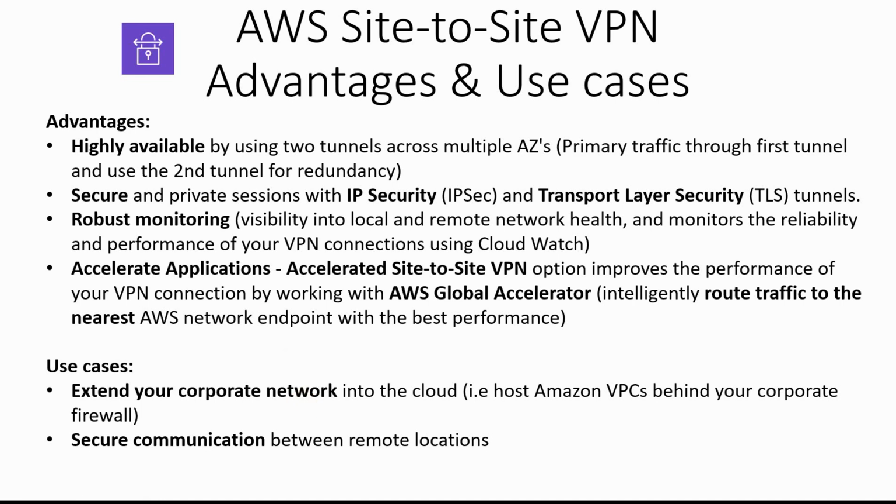So again, this is secure, and IPsec and TLS tunnels are being used primarily for the security aspect. Again, monitoring: it has robust monitoring, which can show you visibility in terms of the local and remote network health. We have to talk about two sides, right?